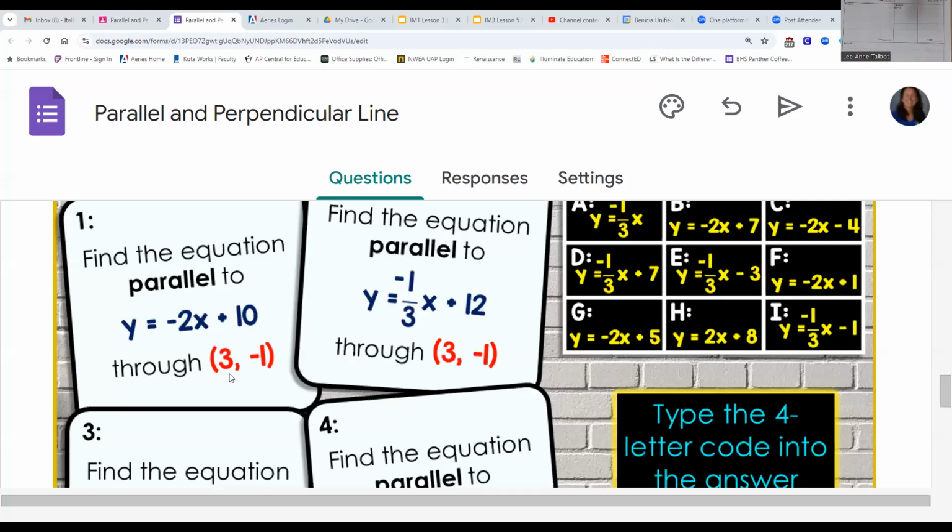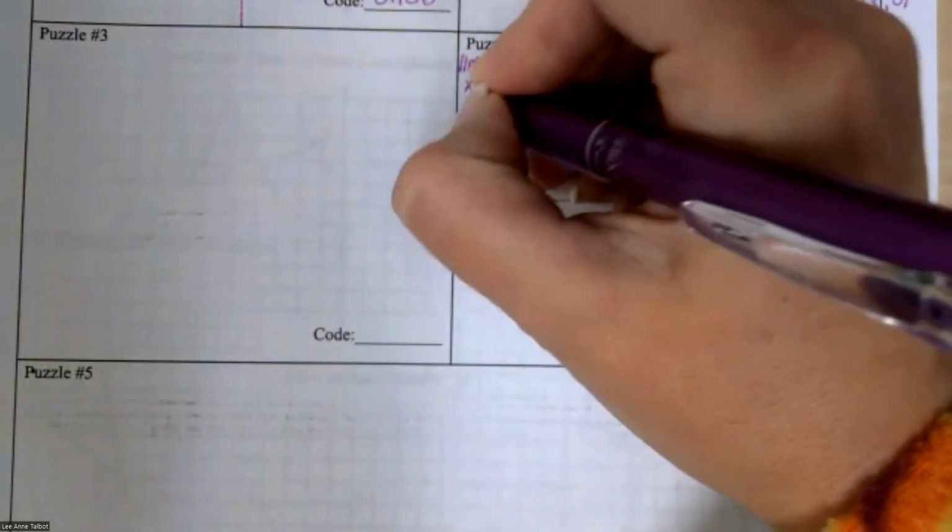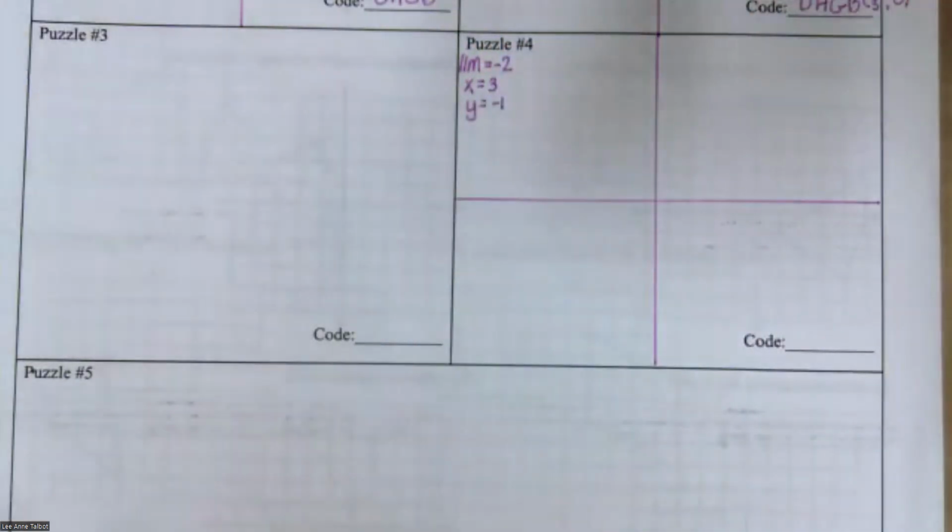And then you're going to write the point x, y, 3, -1. So x equals 3, y equals -1.